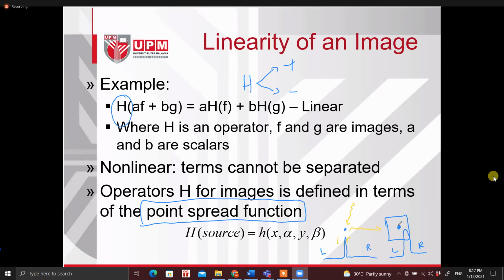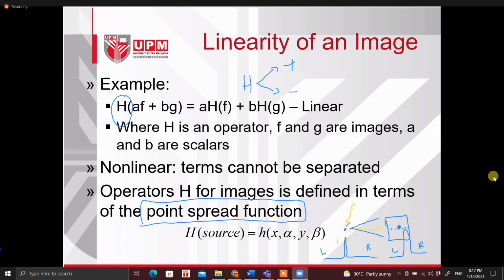So what I mean by image profile is the profile if I draw from the left side to the right side. So this particular scenario of having a bigger blob at the output canvas is a scenario of spreading the source from a point. So that's why we call that a point spread function.